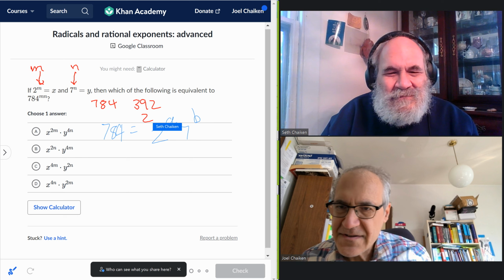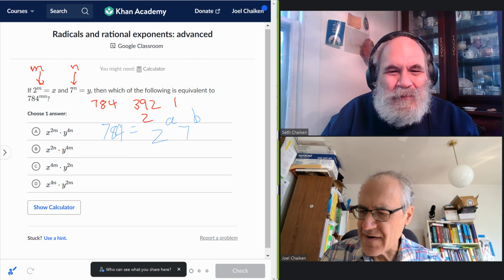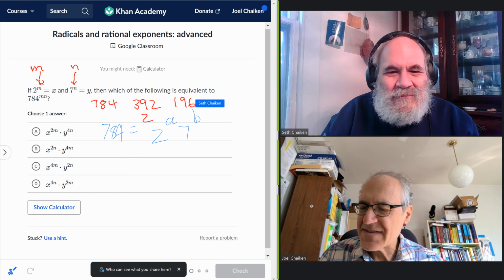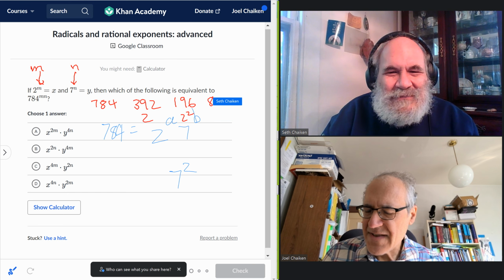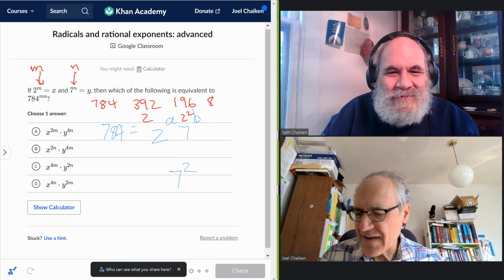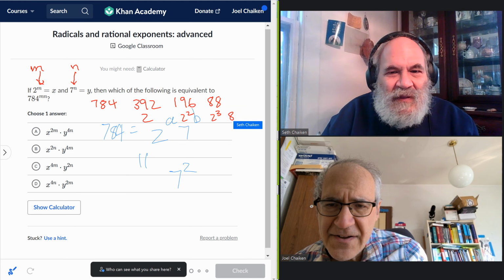Oh, 112 divided by 7, so it's 7 to the second power. We're just doing a factor tree, sort of. 784 divided by 49 is 16, and we know that 16 is 2 to the 4th power.